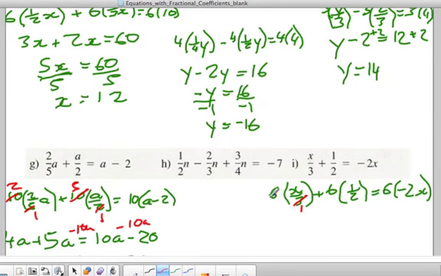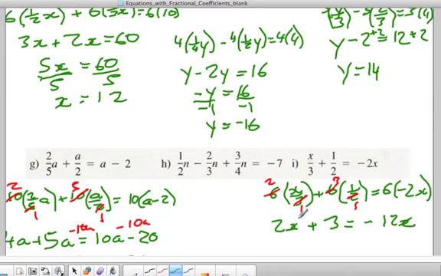So 3 goes into itself once and into 6 2 times. 2 goes into itself once and into 6 3 times. So next line, we end up with 2x plus 3 is equal to negative 12x.